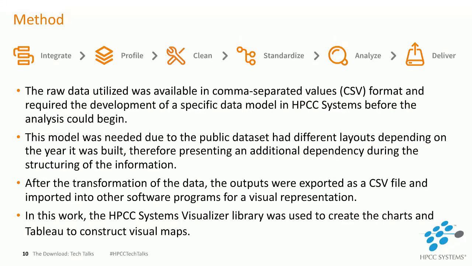The method used in this study was this basic three-step one. A raw data set available in CSV format at Kaggle, a site where you can find free databases, was used. After we had a data set to work with, it was necessary to develop a specific data model in the HPC system, since the data set had different layouts depending on the year it was built.